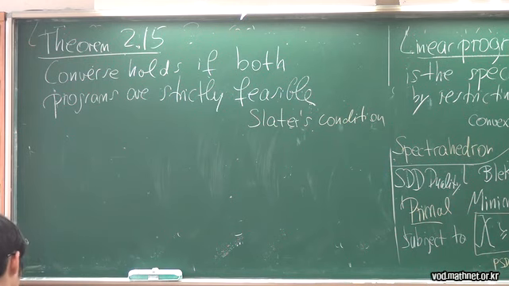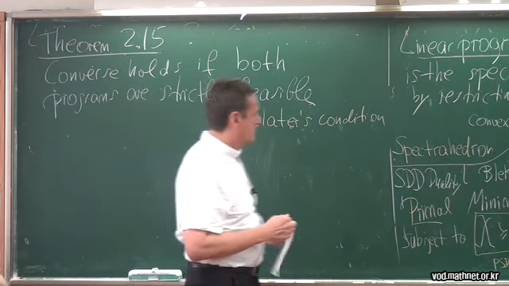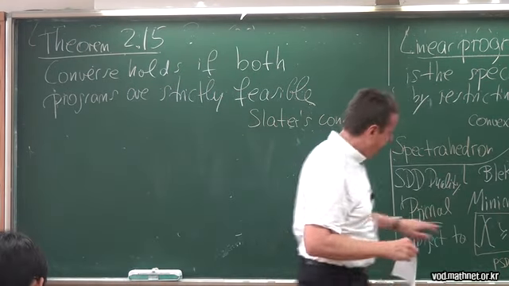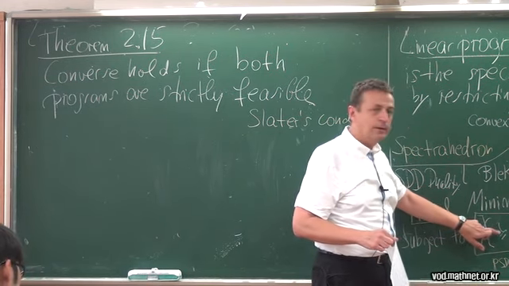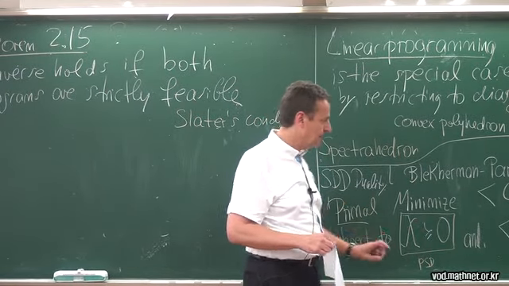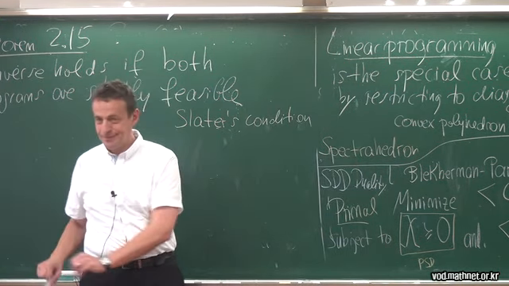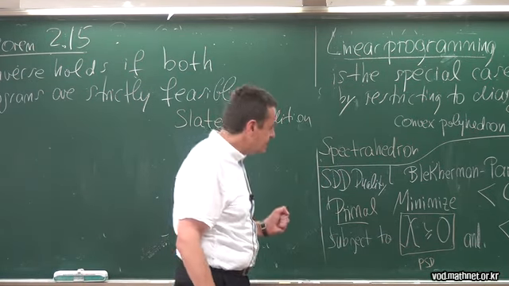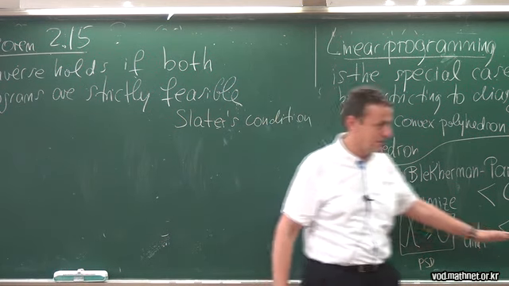I'm sorry, if both problems, okay. If this spectrahedron has a solution x prime where we have strict inequality, we're in the interior of the positive definite cone. So we're given the x and the y. Abraham gives me an x and a y. Now I ask this program, dear program, are you strictly feasible? Does there exist some other x prime that has all its eigenvalues strictly positive and also satisfies these equations?